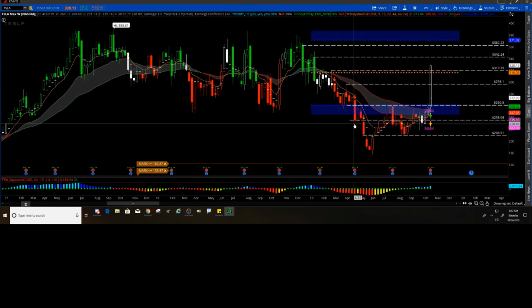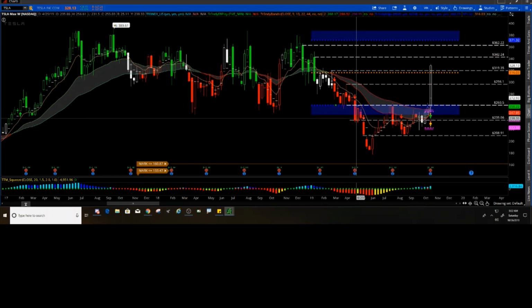Now again, let me go to a white screen so that you guys can see a little bit differently. In a down move, we call these continuation candles. This is when we have no bases. It's just selling pressure, usually caused by fear.